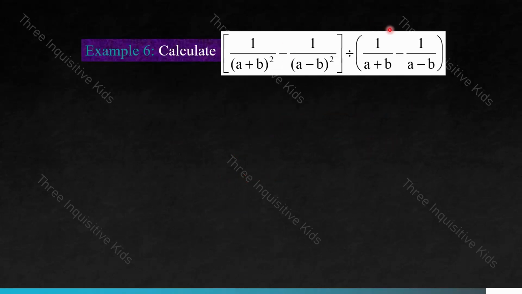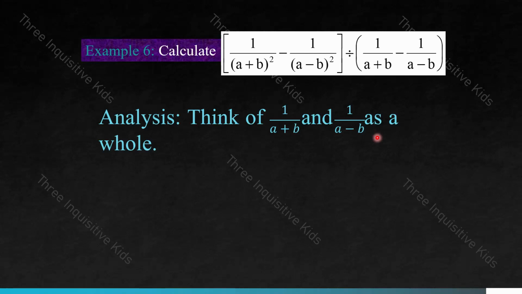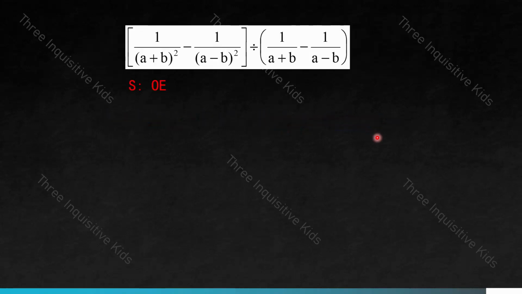Example 6. Calculate this expression. Here's our analysis. We can think of 1 over a plus b and 1 over a minus b each as a whole. So to make it easier, you can always replace a plus b with x and a minus b with y.